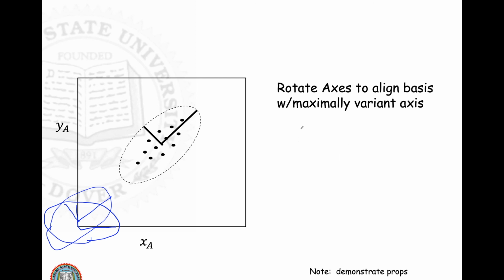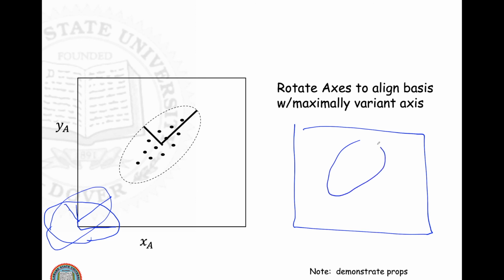Okay. Now, in some descriptions, they explain it this way. They have the original measurement system. You have your axes, your YA and your XA, and you shift them to the origin. So here's XA prime, here's YA prime.